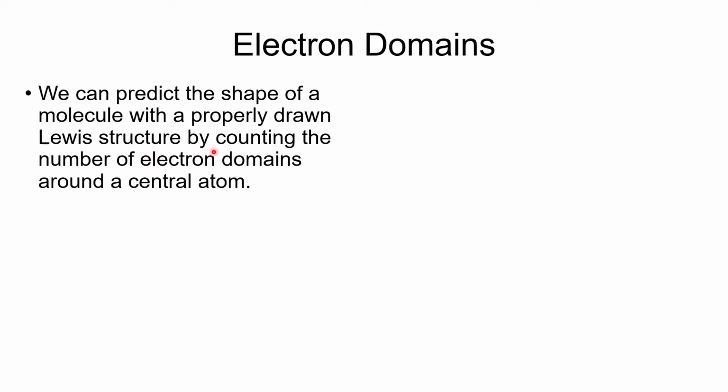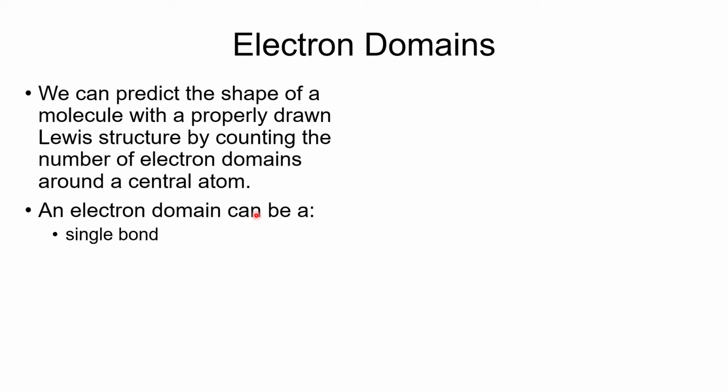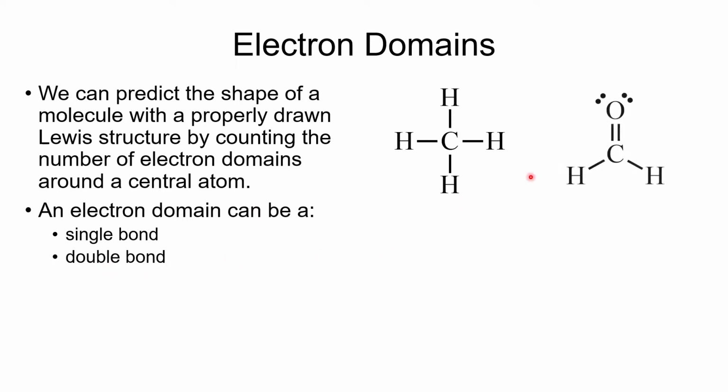We need to be able to count the number of electron domains. This is a really, really easy thing to do. The way that you do it is you just find around a particular central atom either a single bond, so here's a single bond on methane, or a double bond, which counts as one domain.